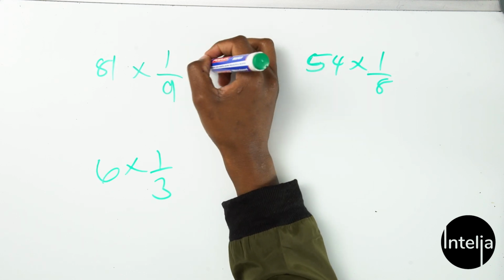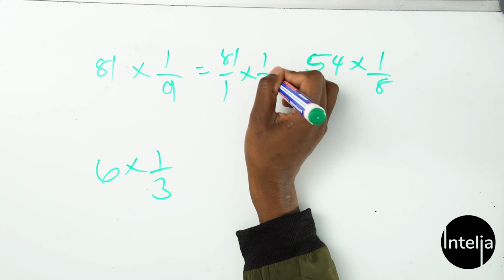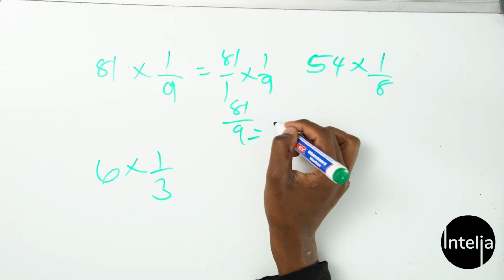81 times 1 over 9 is equals to 81 over 1 times 1 over 9. 81 over 9 is equal to 9.